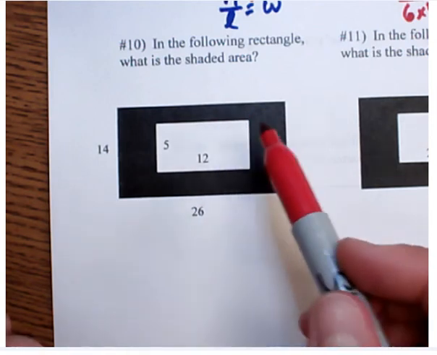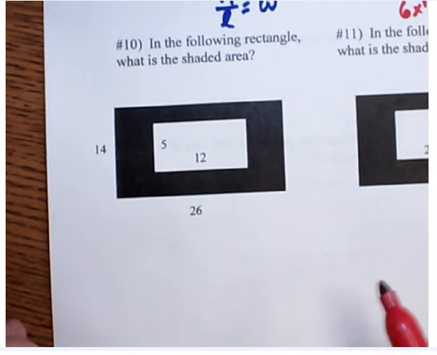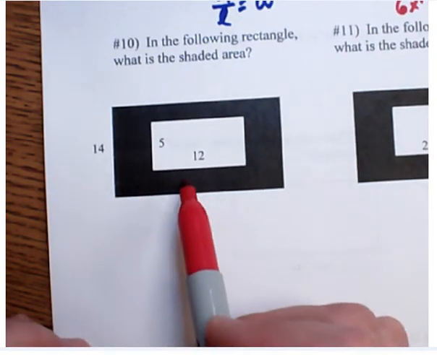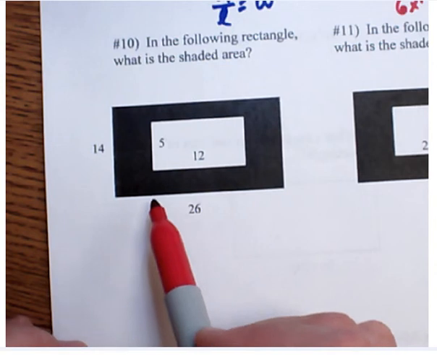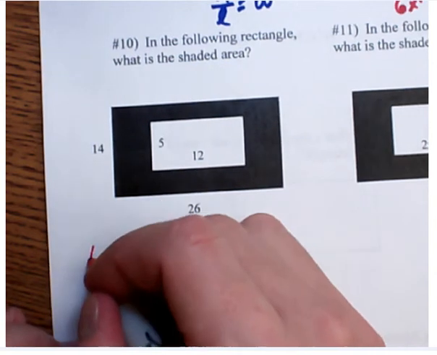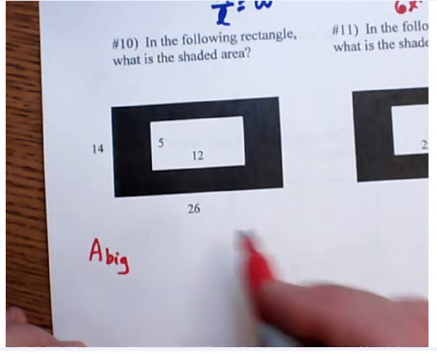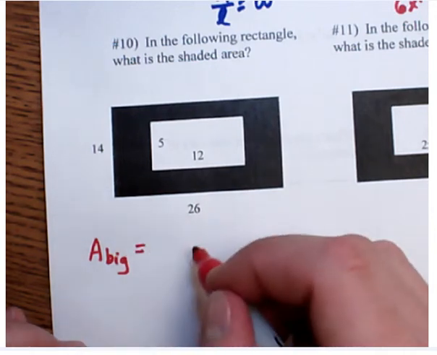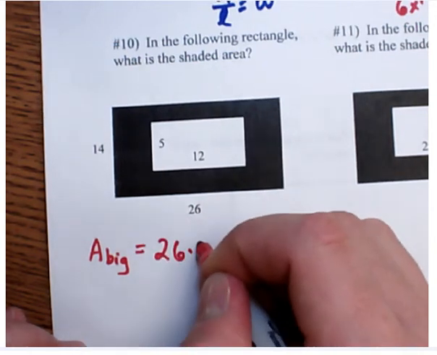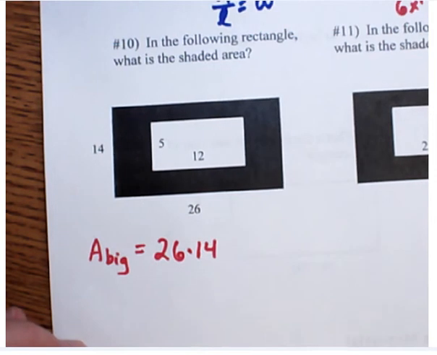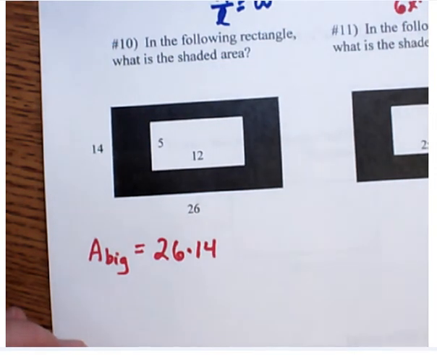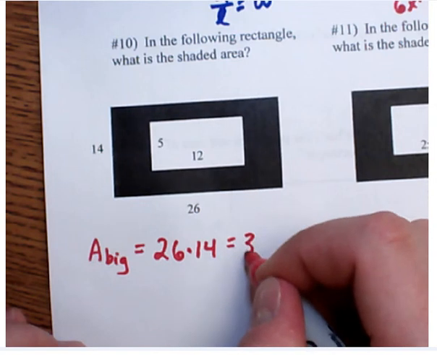So this is actually a good geometry problem, and we're going to do this with numbers first, and then we'll apply it to variables. If you take the area of the big rectangle, that would be length times width, which is 26 times 14. And if we work that out, you can use the calculator, we get 364.